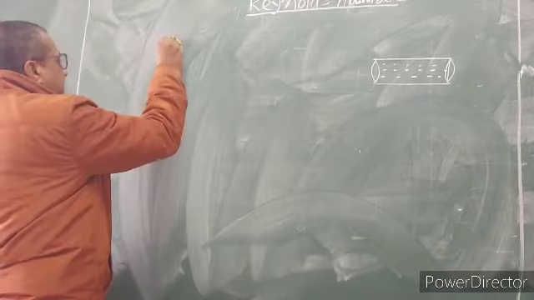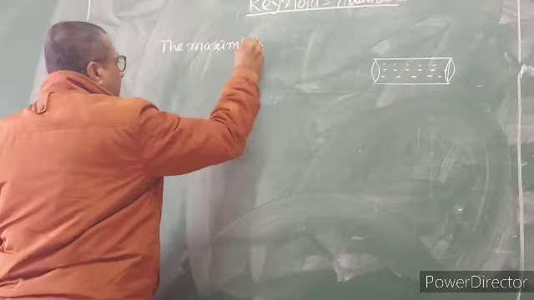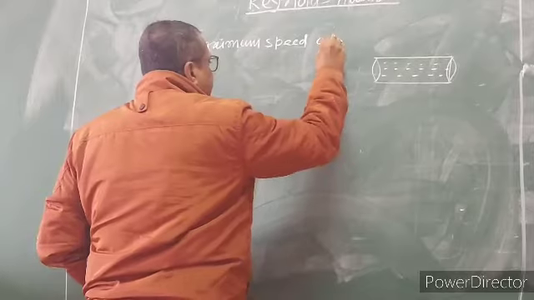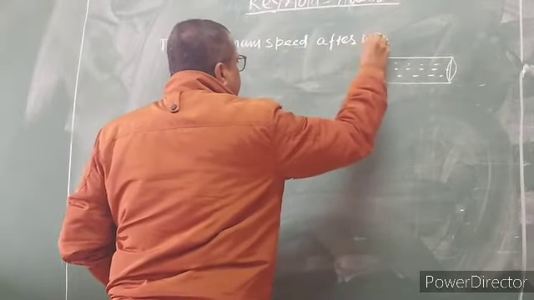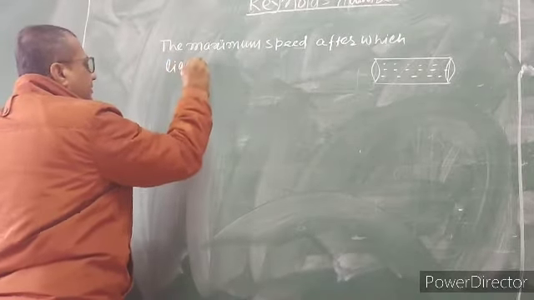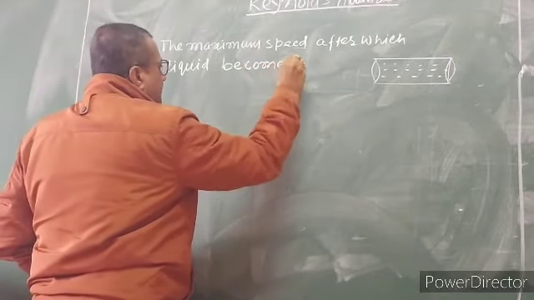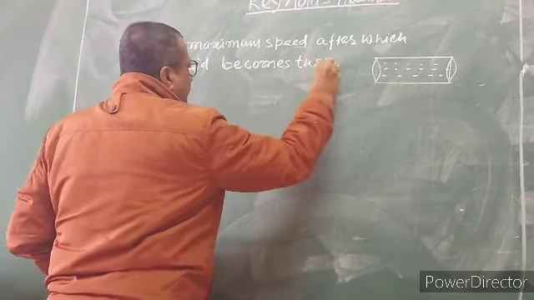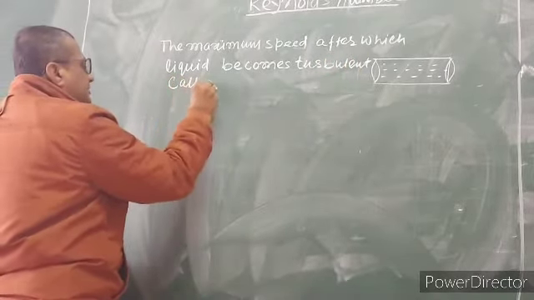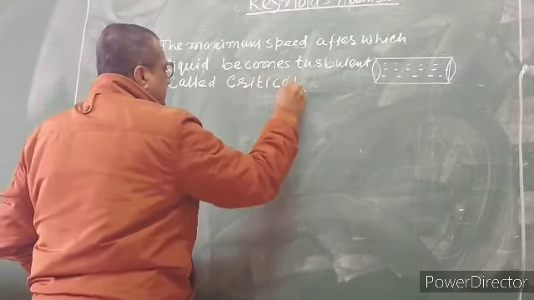So see, the maximum speed after which liquid becomes turbulent is called critical speed.